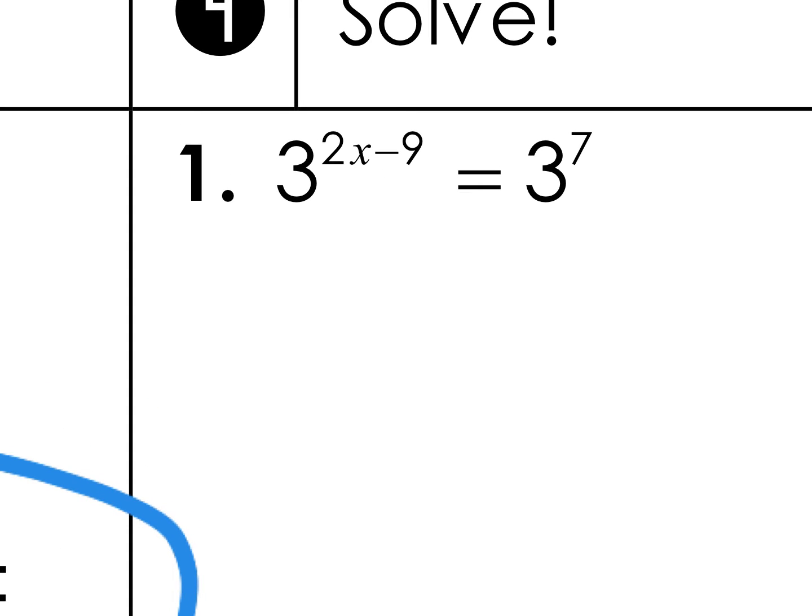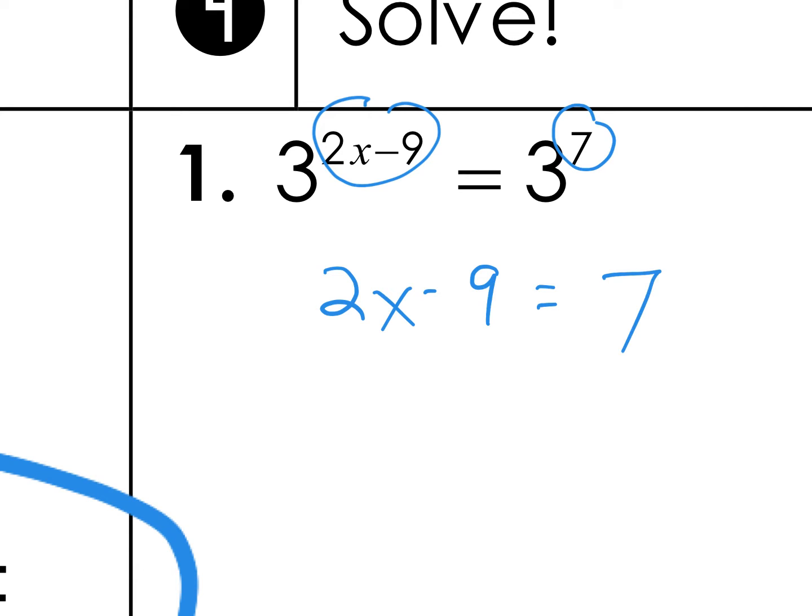That must mean the two somethings must be equal to each other. They must be the same. So when we have an equation of two exponential functions with the same base, that means the exponents have to be the same. Hey, it makes sense. So I write both the things equal to each other. That's right. So here's my simple equation to solve for x.